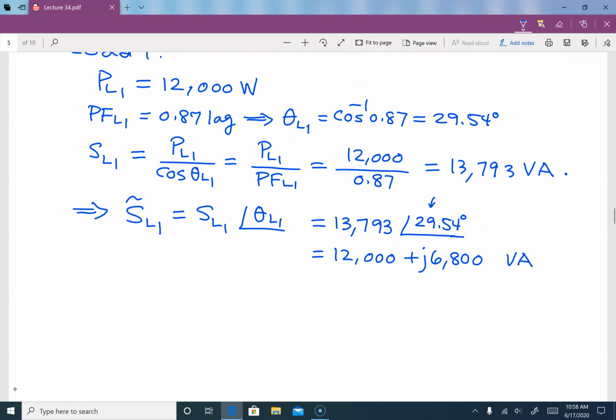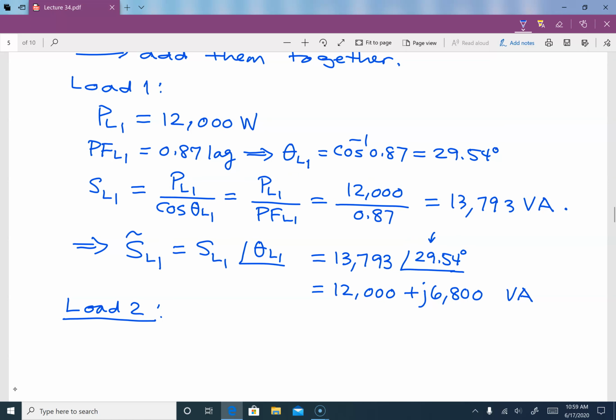Now we go to load 2. Of course, you can go with a different route instead of this method. As you know, the P of load 1 is given as 12,000, and the angle we found to be 29.54, then our real power is 12,000. Our reactive power, I can go with what?